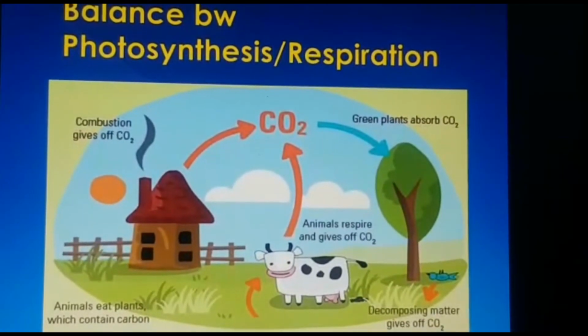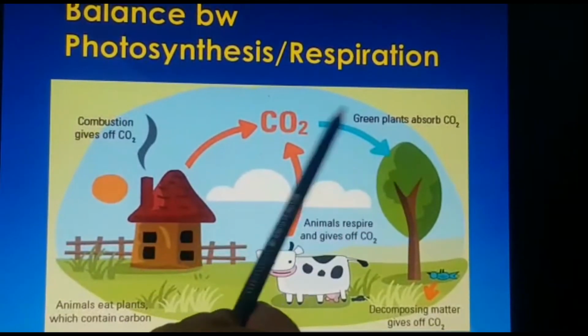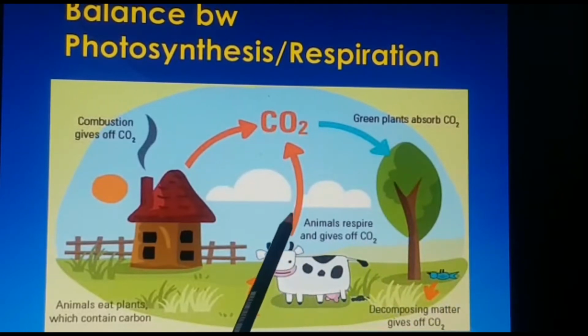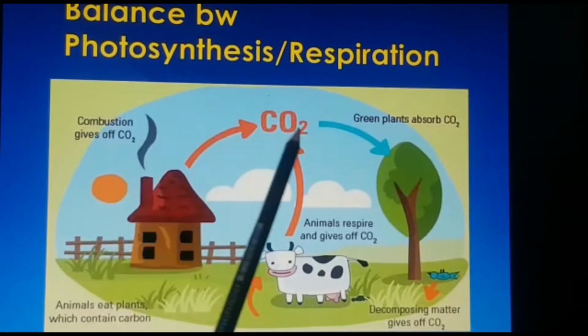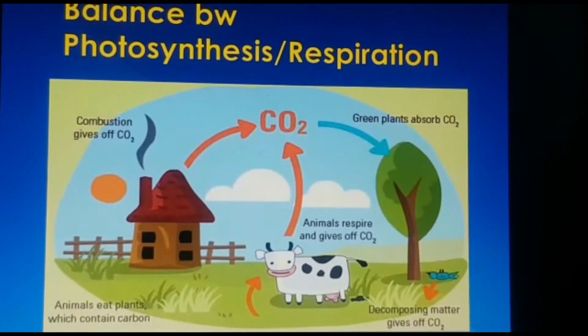Here you can see, children, that the green plants on this side are absorbing carbon dioxide from the atmosphere. They make starches, animals eat them, and decomposition matter is given off in the form of CO2. Animals respire and give carbon dioxide back to the atmosphere, and by combustion also carbon dioxide comes too. So the balance, or equilibrium, of oxygen and carbon dioxide is well maintained by animals and plants.